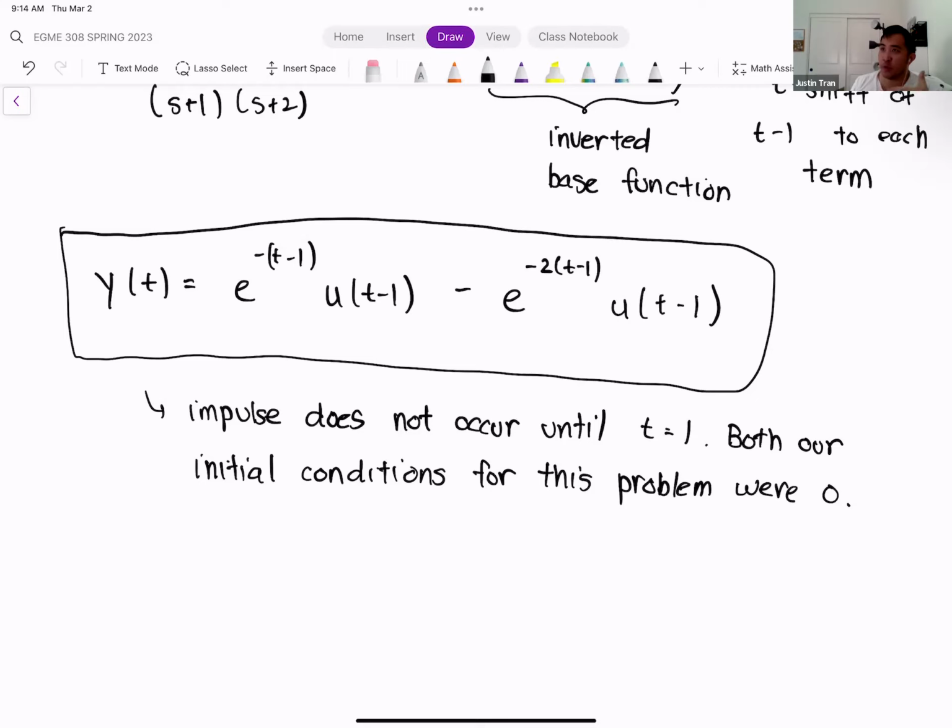And so that means the only source of forcing, so the only thing that's going to cause the system to react, is not going to occur until t is equal to 1. So until t is equal to 1, we can say that our mass spring damper system is just chilling.